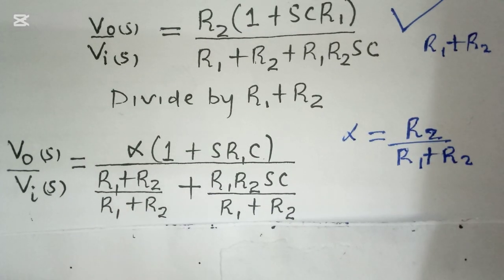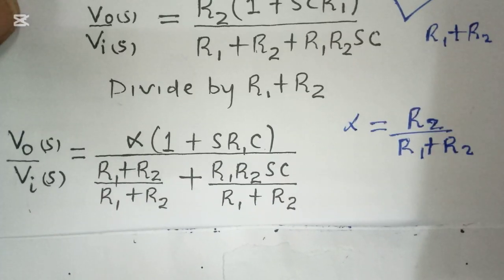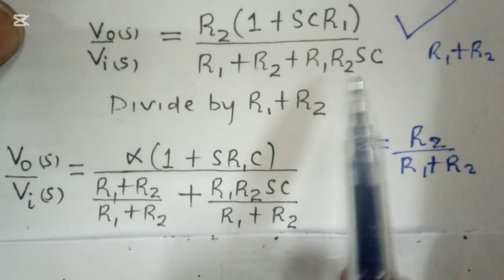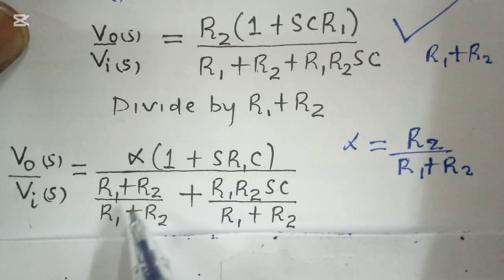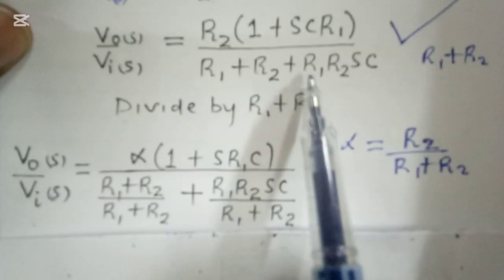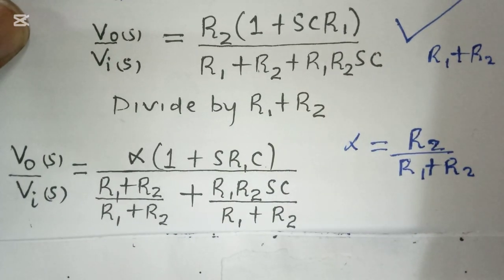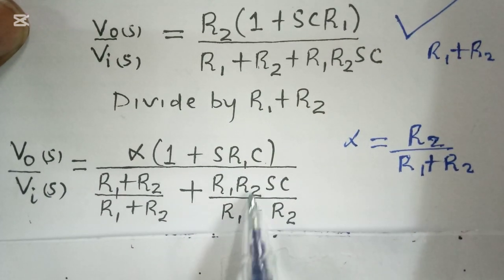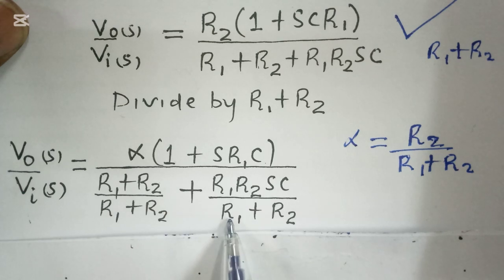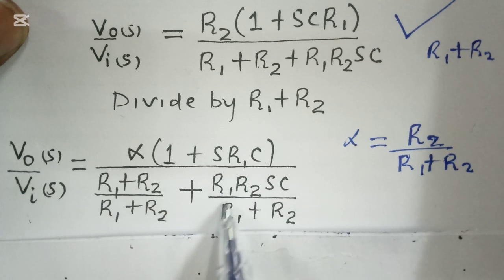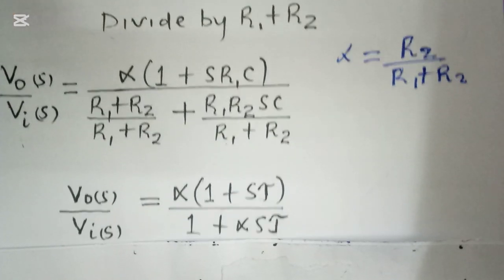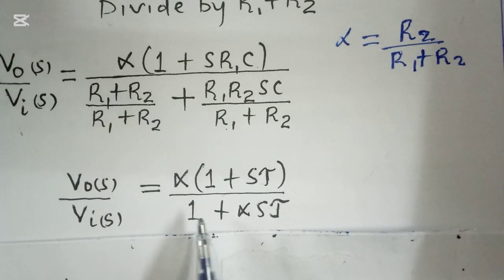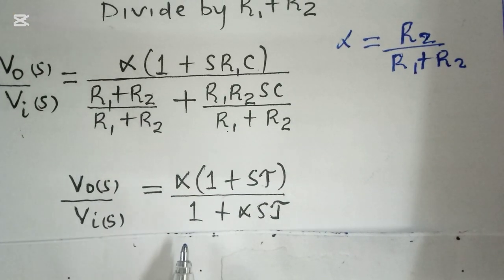Then we go to the denominator and divide the same for this. If we combine these two and divide, this one is going to be 1. Then we also divide here, and already we have R2 over R1 plus R2, so here we have alpha. This is what we get as our solution.